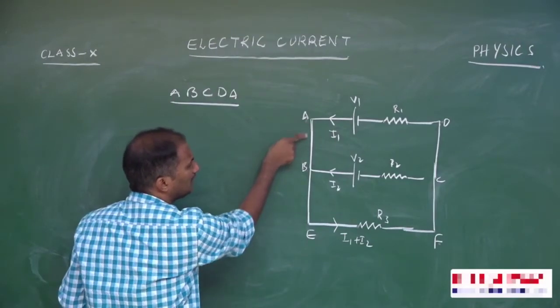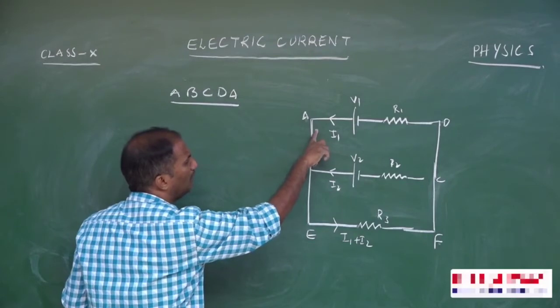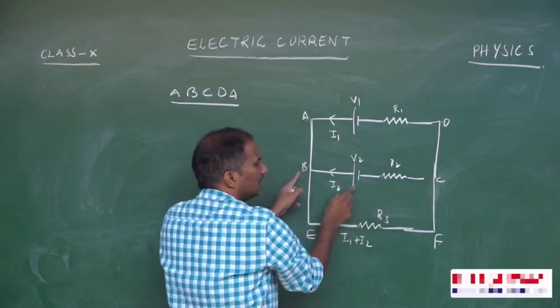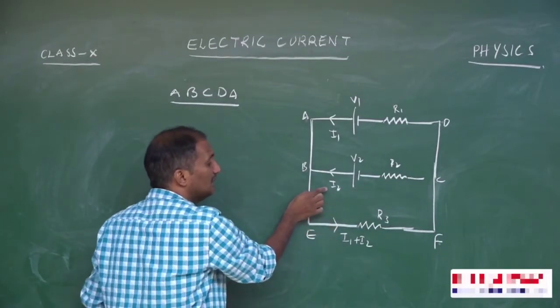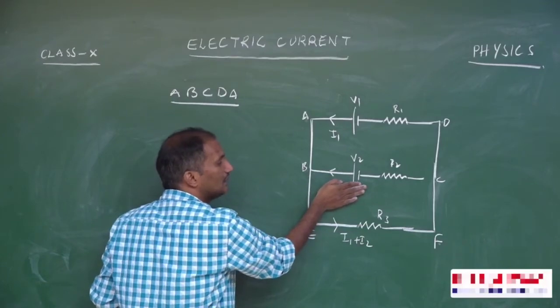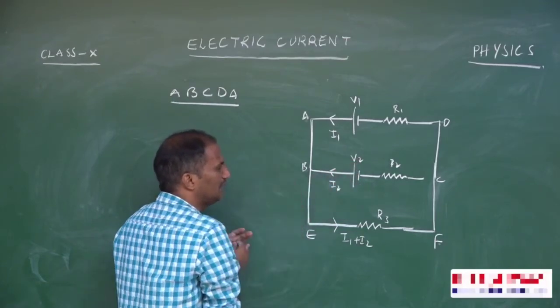As we are moving from A to B, there is no component. But as we are moving from B to C, we can observe two different components. First of all we are crossing the cell V2, whose potential difference is V2.